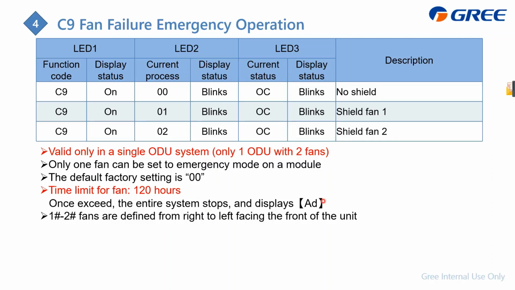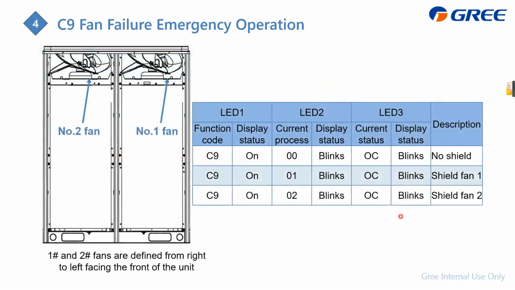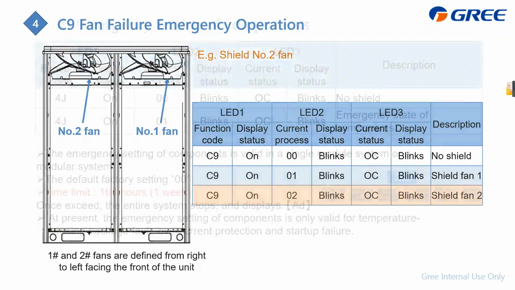It's a fan emergency mode. It's the same as with the compressor: when we face the outdoor unit, from your right hand to your left hand is number 1 fan, number 2 fan. If you want to shield number 2 fan, you should choose 02.